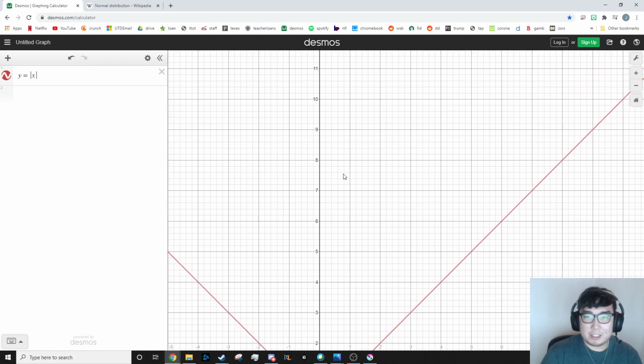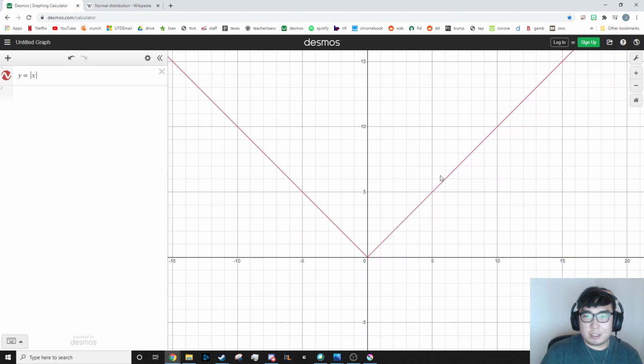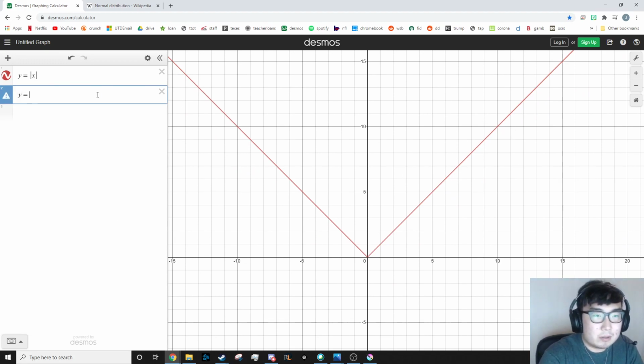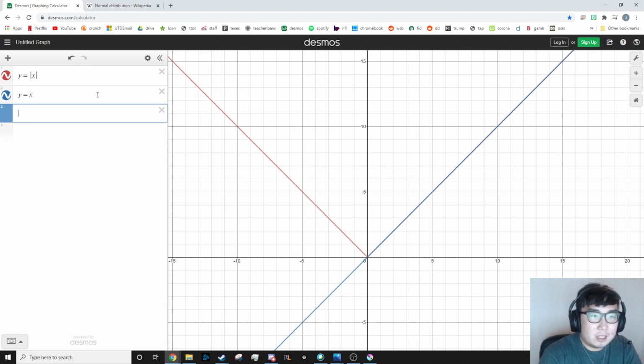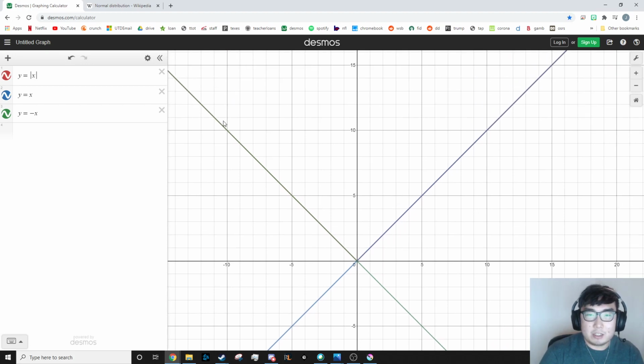So it makes sense that it would be a V shape because think of it as 2 linear lines. Y equals x, y equals -x. So you see these 2 lines, they're pretty much just taking the positive y value versions of both of these graphs.